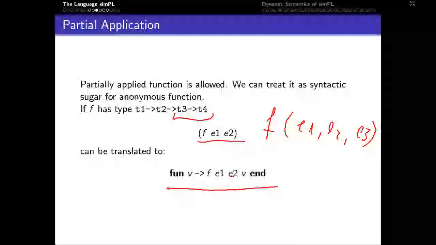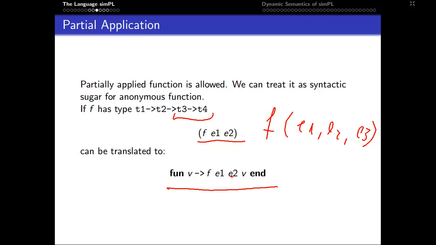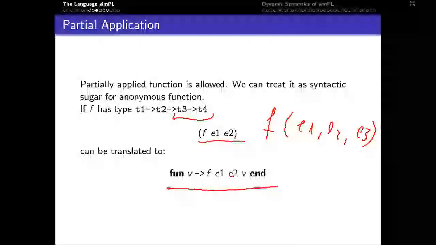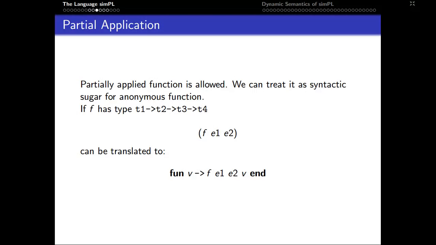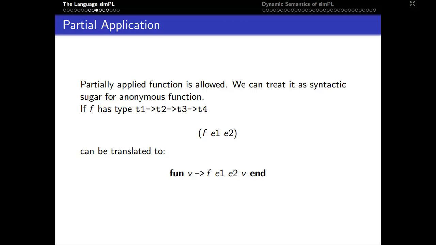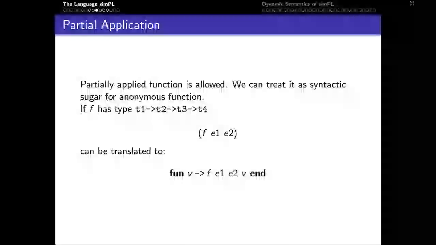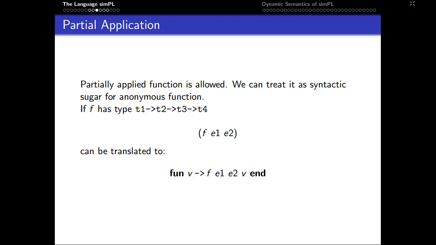Producing what we call a closure, which is what the value of a function is, that's expensive, so that's to be avoided at all points. So it will perform this kind of syntactic sugar, and translate partial evaluations into new function definitions, so that closures can be avoided.